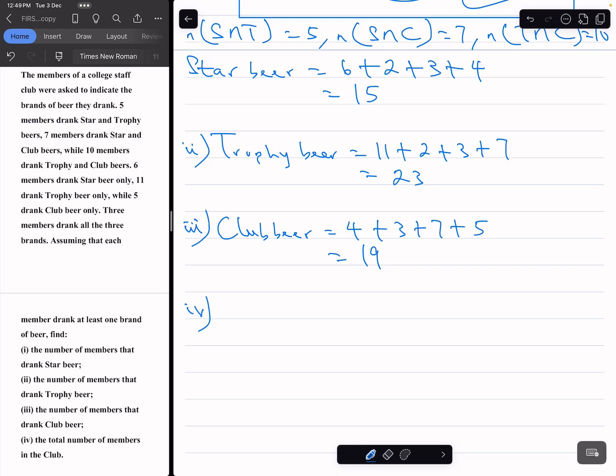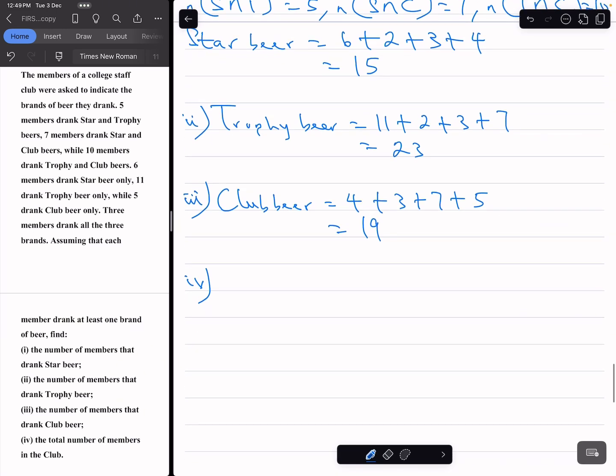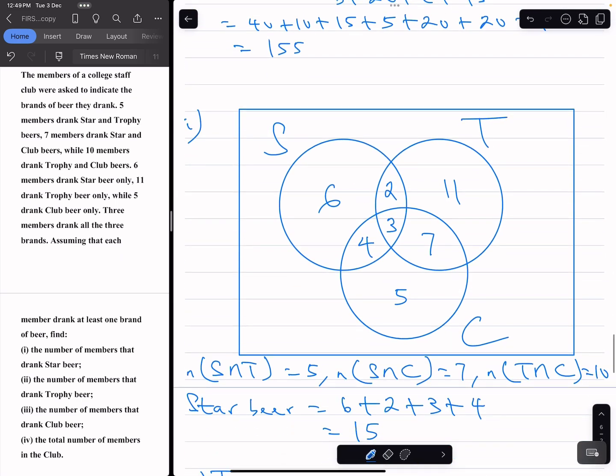Find the total number of members in the club. The total number of members will now be equal to the sum of everything all together.